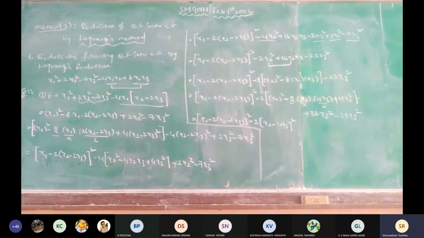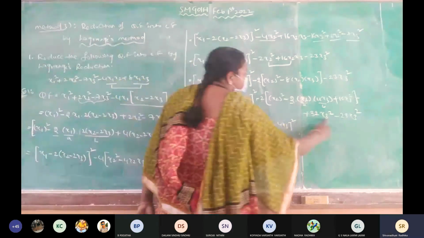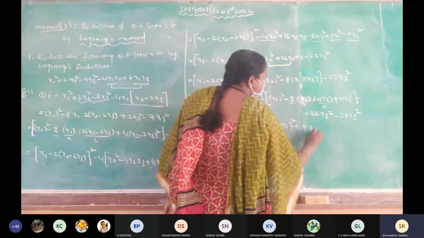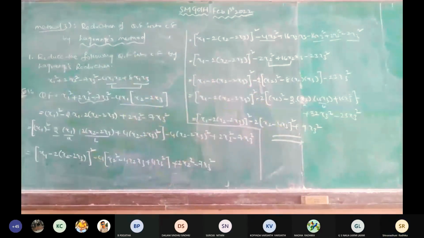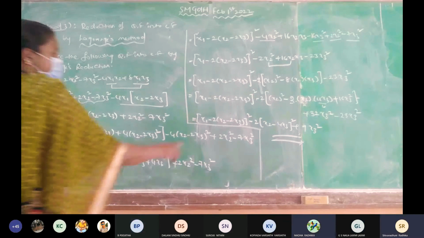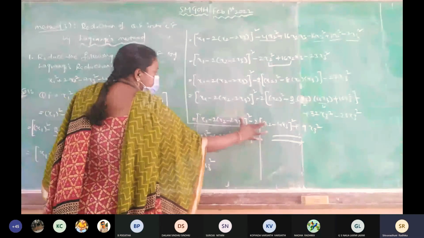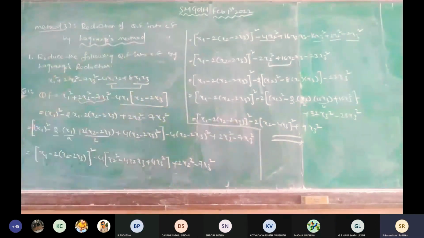Next, 32 minus 23 is 9, plus 9x3 square is the answer. Are you following this? Yes, madam. The resulting relation is nothing but the quadratic form in canonical form. That is the last step. Are there any doubts? No, ma'am.